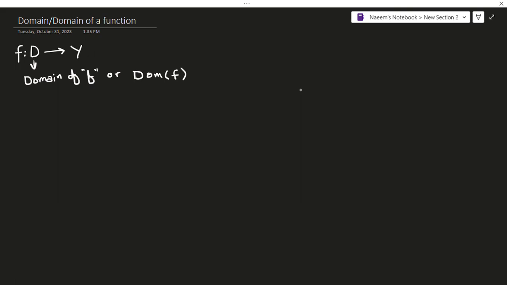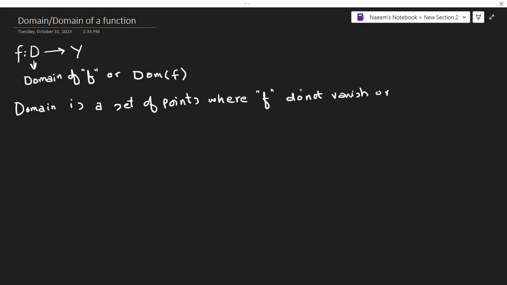For a layman, domain is a set of points where the function f does not vanish, or you can say that f is defined, or f is not undefined.